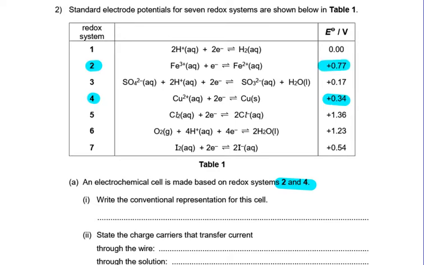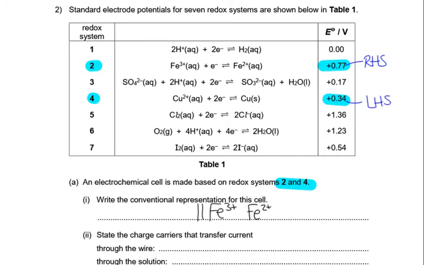Most positive on the right hand side. So this is going to be my right hand side, and this will be my left hand side. So I'm going to draw my salt bridge in, and I'm going to put the most positive on the right hand side with the highest oxidation state nearest the salt bridge. So out of 3+ and 2+, I'm going to have Fe3+ first, and then I'm going to have Fe2+.